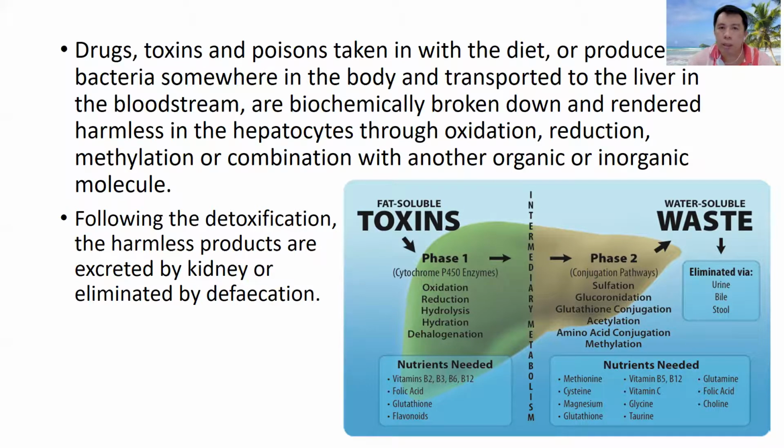There they are biochemically broken down by enzymes into harmless substances, through processes such as oxidation and reduction. Following detoxification, the harmless products are excreted by the kidney or eliminated through defecation.